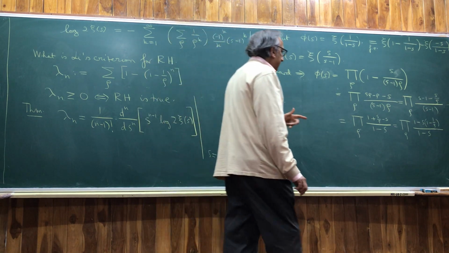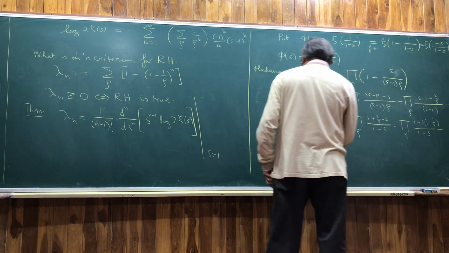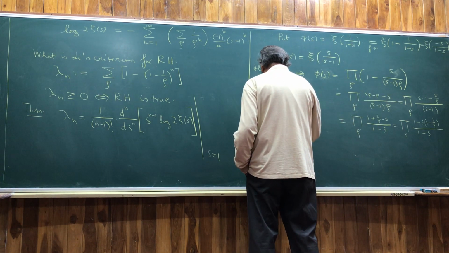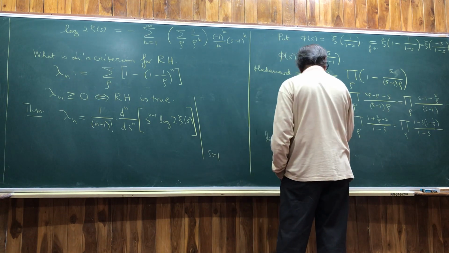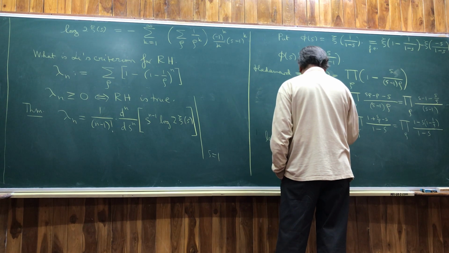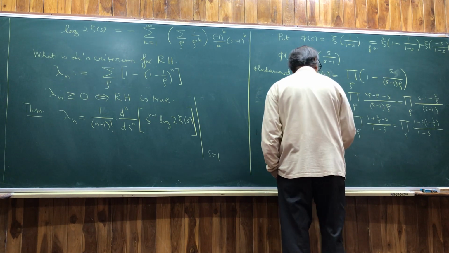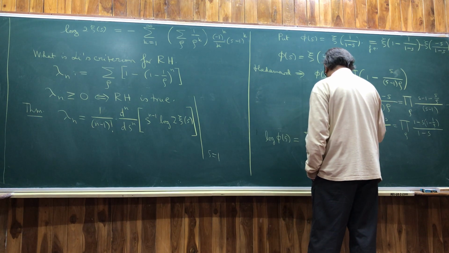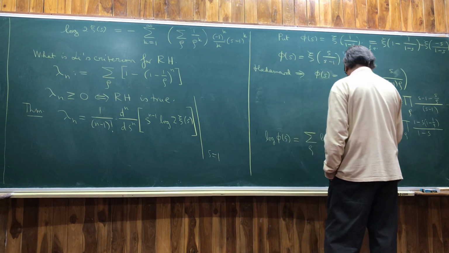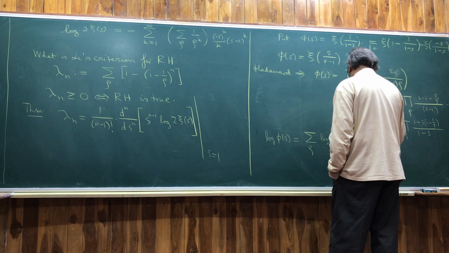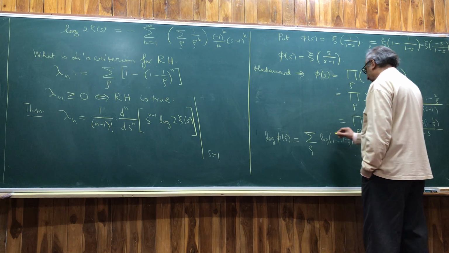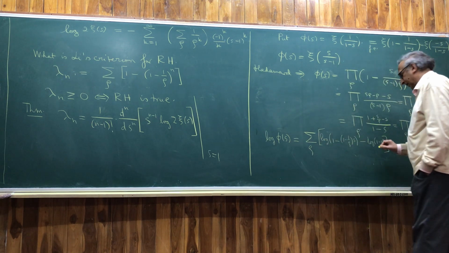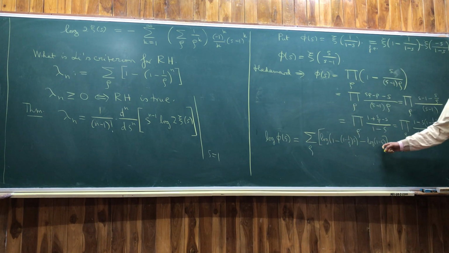So you get something like this, so that now log phi of s is equal to the summation over rho of log of 1 minus 1 over rho s, minus log 1 minus s. Now keep in mind you can't go around separating these things, you have to keep them together. Otherwise you get a divergent series.